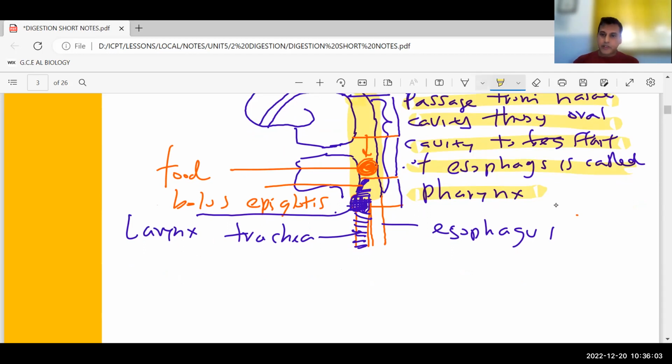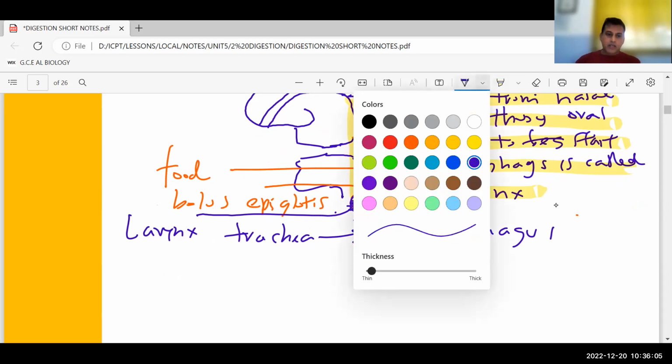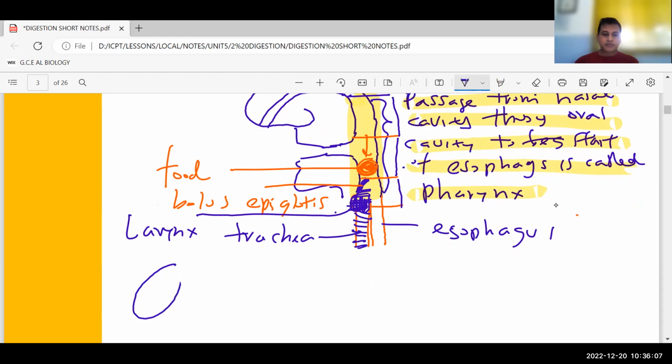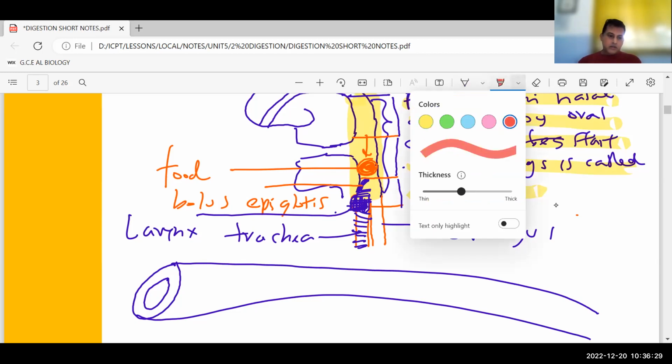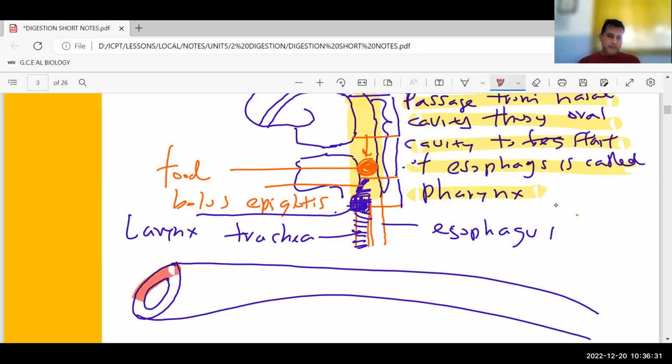Okay, then if you look, esophagus is a hollow tube, just like this. It is going to the stomach. And the esophagus, the main component is the muscles.